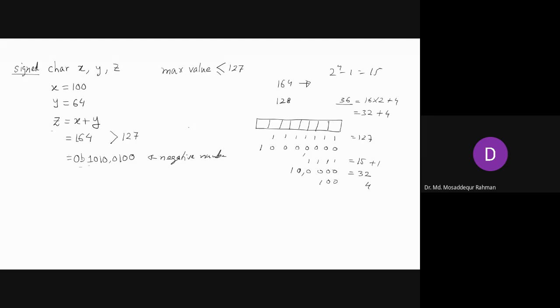So if you are doing a calculation where your number can exceed the maximum value, make sure that you put unsigned here. Then you will get the correct result, because in that case it will be considered as a positive number. So is that clear, guys? Any question?